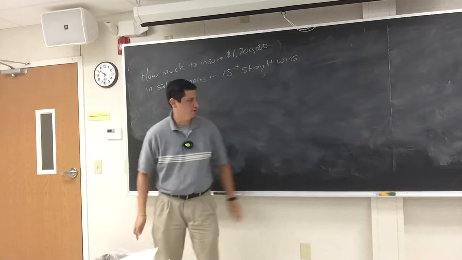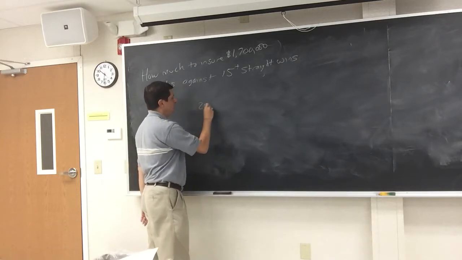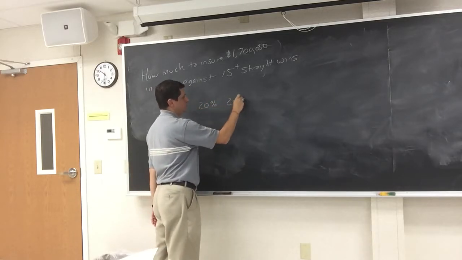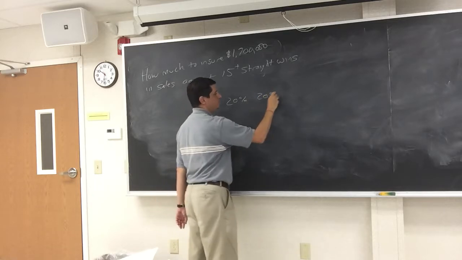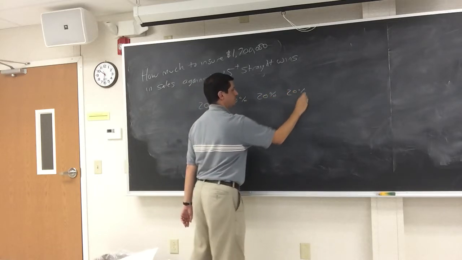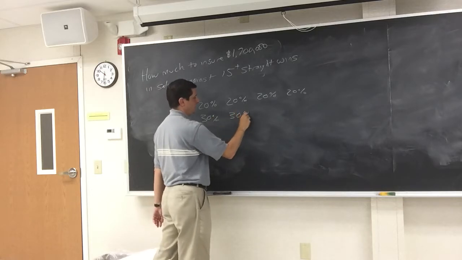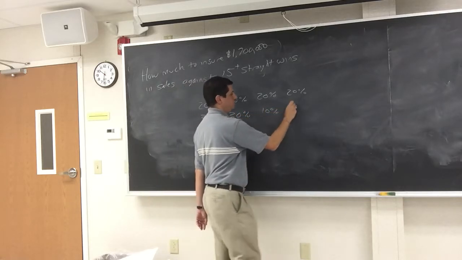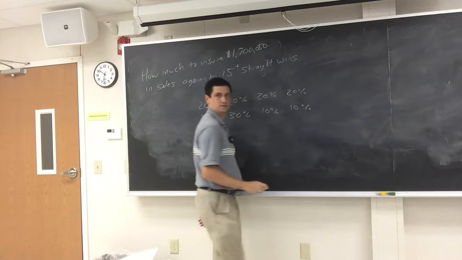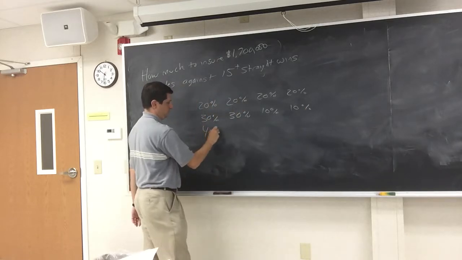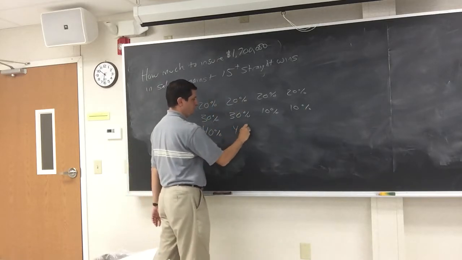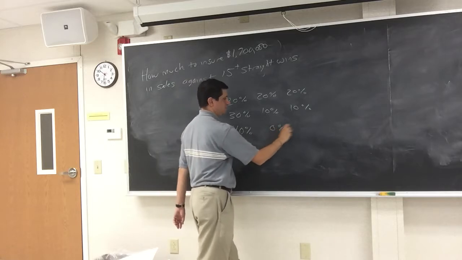Well, which is better? Let's say everybody has a 20% chance of hitting a home run, or the first 2 have a 30% and the next 2 have 10%, or 40%, 40%, 0%, 0%.